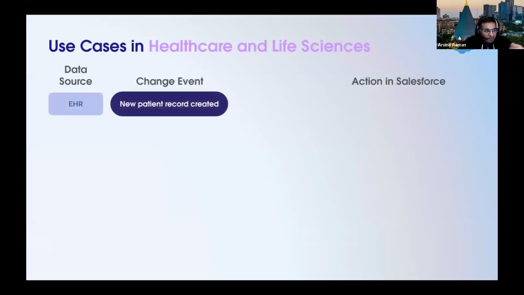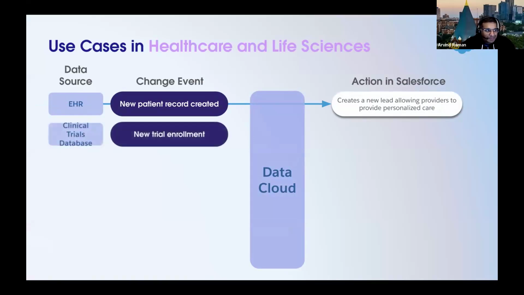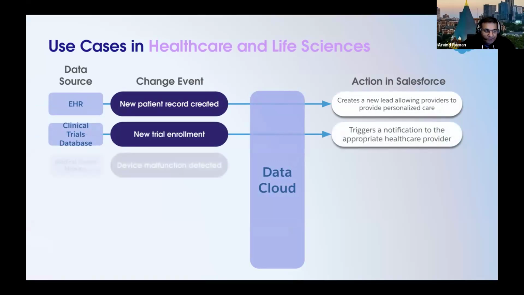Again, let's look at how Data Cloud can enable some of these use cases. In your electronic health record system, if a new patient record is created, create a new lead, which lets the provider deliver personalized care. If there's a new trial enrollment, trigger a notification to the appropriate healthcare provider.